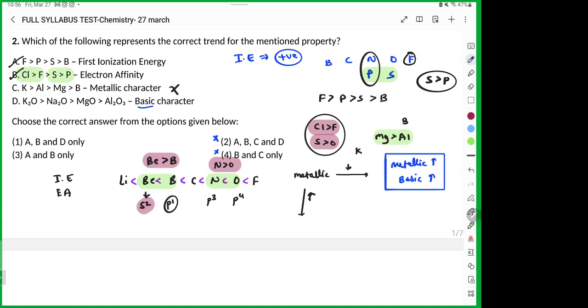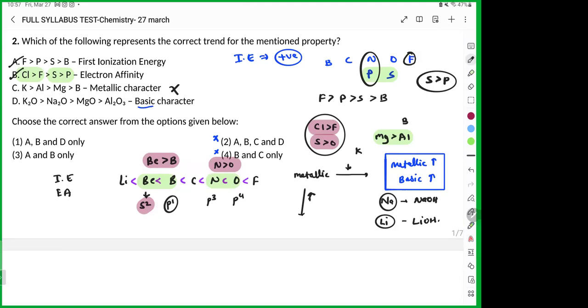Because good metal compounds are very good bases. For example, sodium is a very good metal, with high metallic character, so its base NaOH is a strong base, correct? But if you take lithium, which is less metallic, its oxide will be less basic. Any doubt?